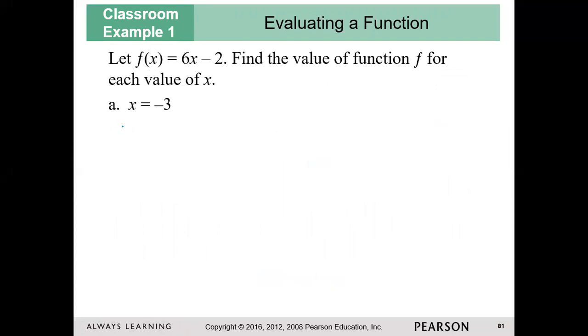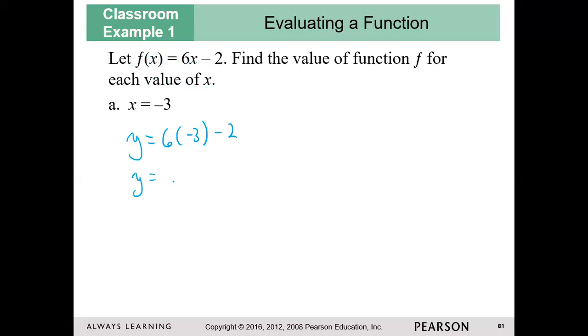All right. So what we do here with these f of x, and this is usually not the way that we represent this, and I'll show you in a second what we do, is this says f of x is equal to 6x minus 2, which means y is equal to 6x minus 2, and we want to figure out what the value for y is if we substitute in negative 3. So we are going to say y is equal to 6 times negative 3 minus 2.